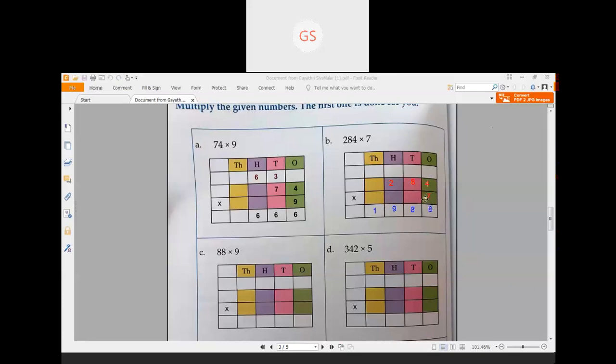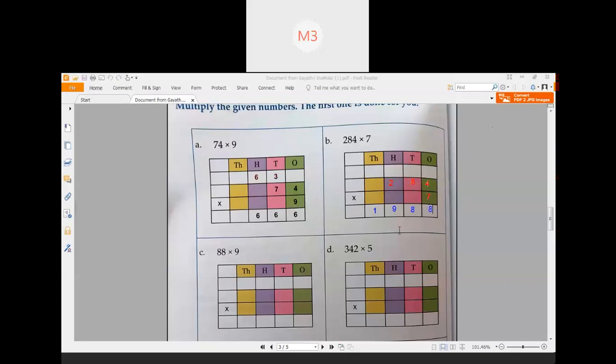Okay. First, what do you have to do? Which number do you have to multiply? Can you tell me, Mahashweta? Are you there? Yes, ma'am. Yes, dear. Okay, 284 multiplied by 7, isn't it? Now, first, which number do you have to multiply? 4, 7.